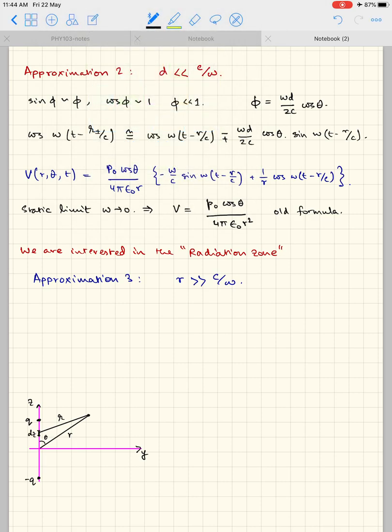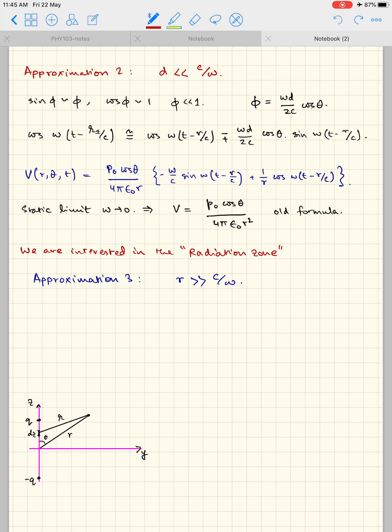So now the formula that we have. With this, what happens is that you can just completely neglect this cos term that you have out here, because 1 over r is going to be much less compared to omega over c. That's our approximation.